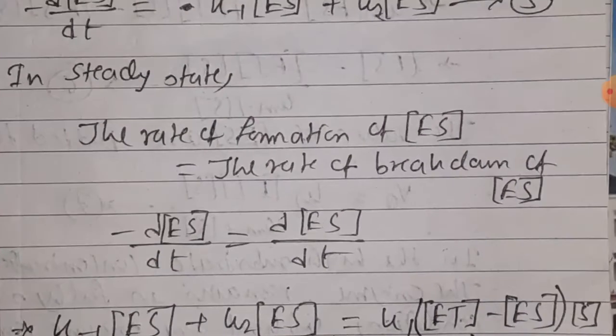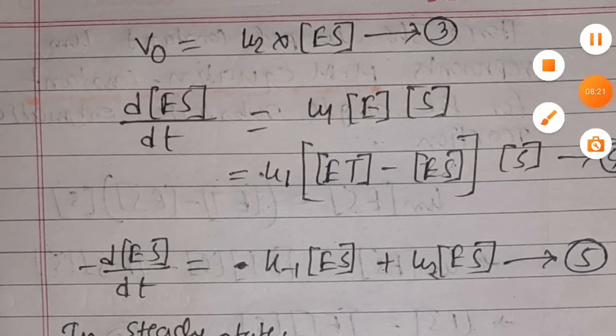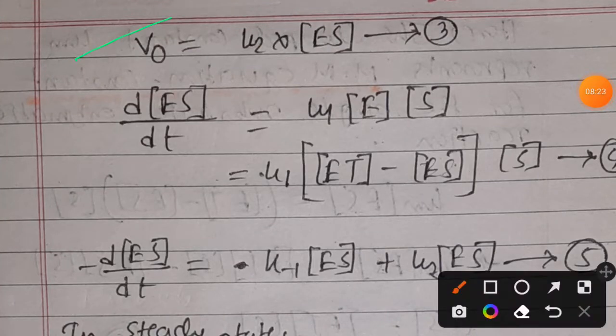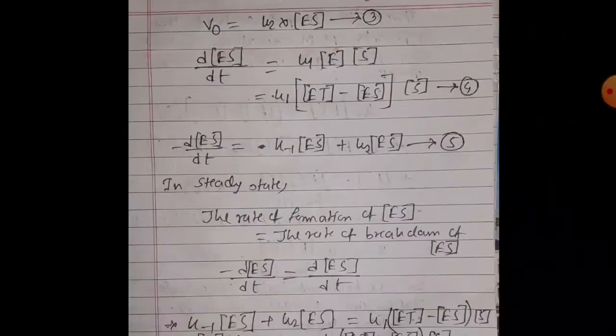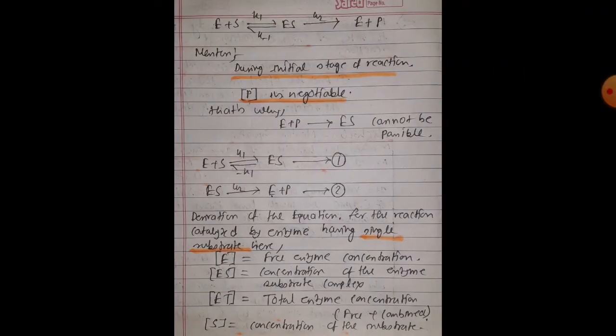Okay, so the first point is the initial velocity will be equal to the rate of breakdown of the enzyme substrate complex. Okay, that is the first thing. Now the second thing is the rate of the formation of the enzyme substrate complex will be this one. Now how I am telling this, that is important to understand.